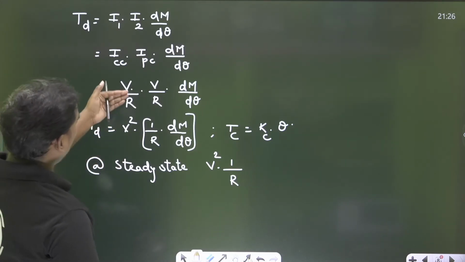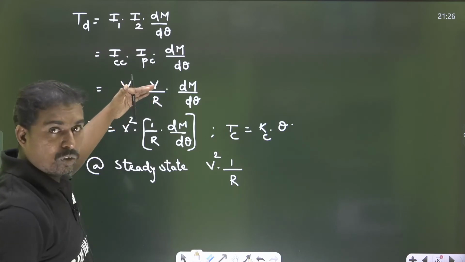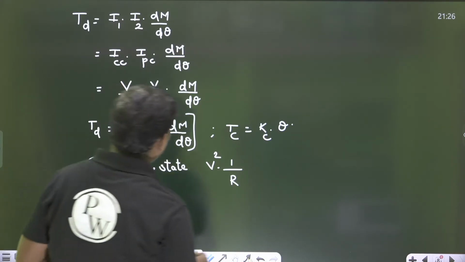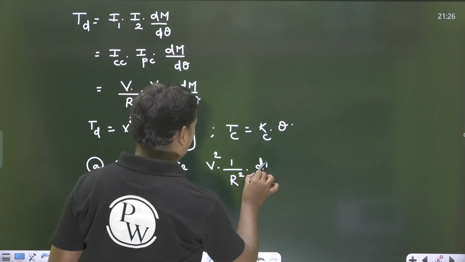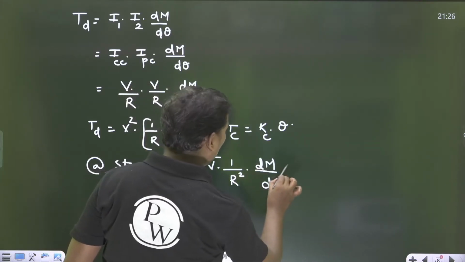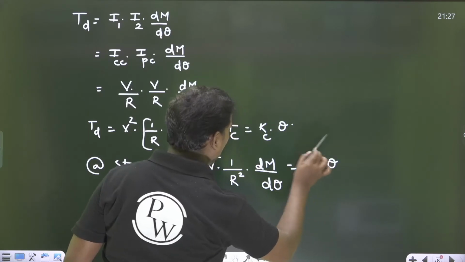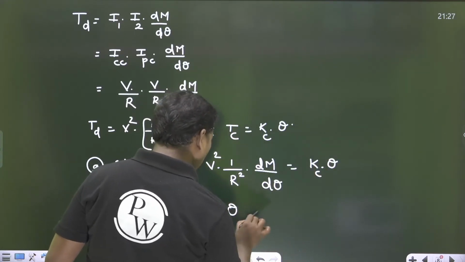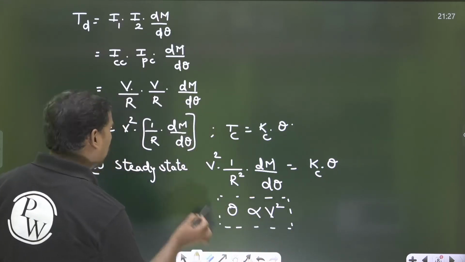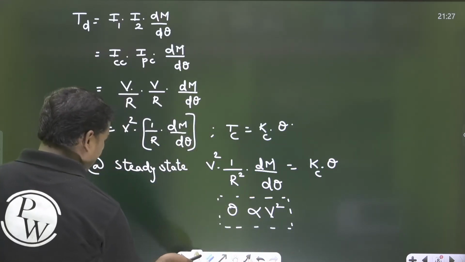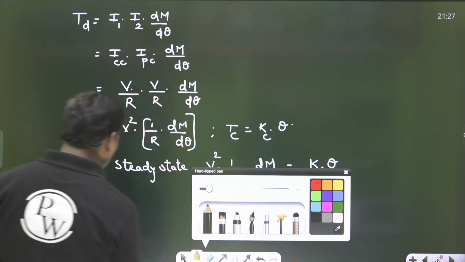You can take the total resistance of the circuit. So V square by R square into dM by d theta is equal to Kc theta. So theta is proportional to V square. So it acts like a dynamometer type voltmeter.